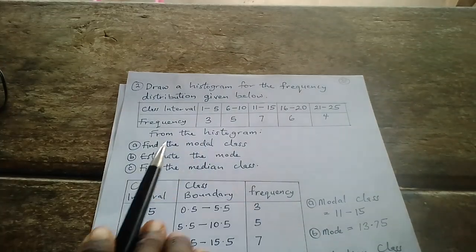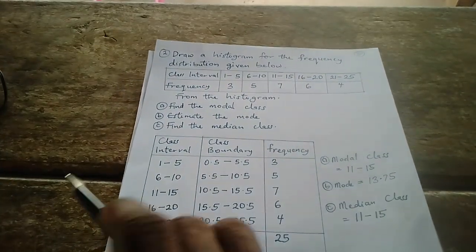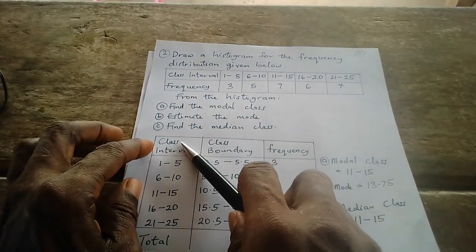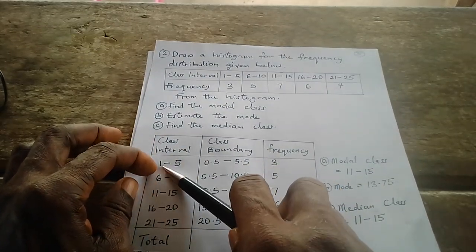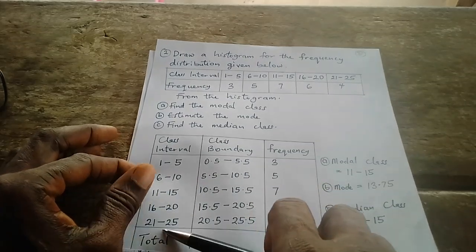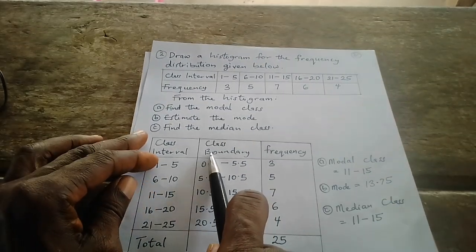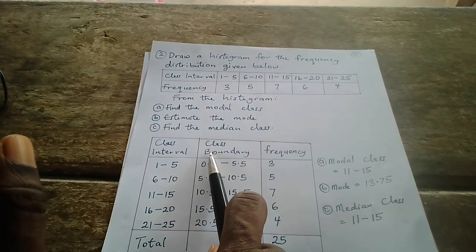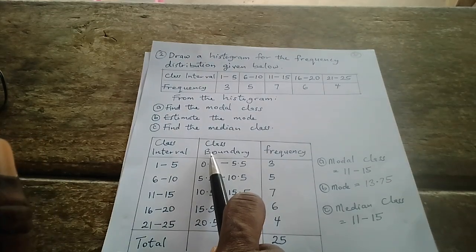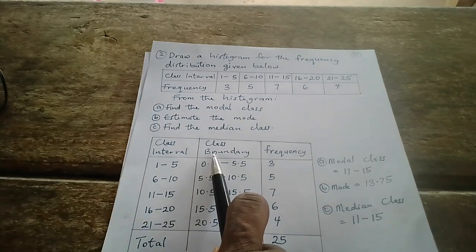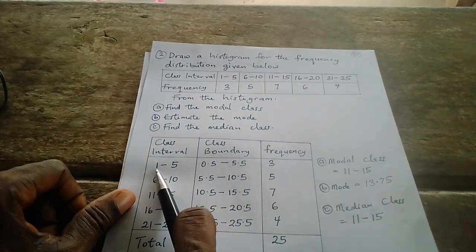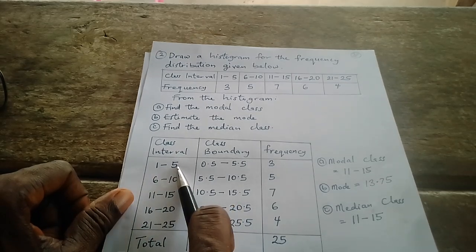First of all, it is very important you have your table. So you have the class interval, 1 to 5, 6 to 10. After the class interval, it is important that when you are drawing a histogram, you must always get the class boundary. You get the class boundary by subtracting 0.5 from the lower class limit and adding 0.5 to the upper class limit.